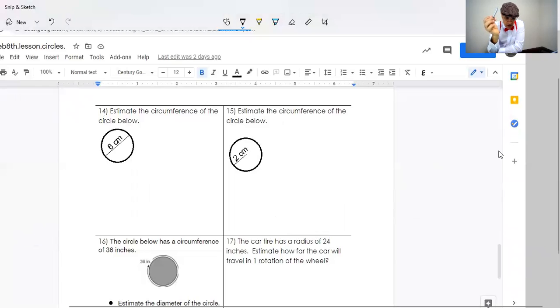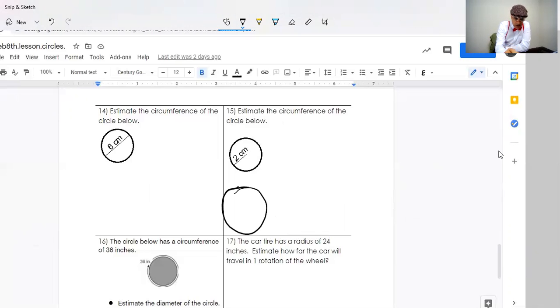17 says the car tire has a radius of 24 inches. Estimate how far the car will travel after one rotation. So if you have a tire, imagine this is a tire of a car, and the radius is 24 inches. Okay?